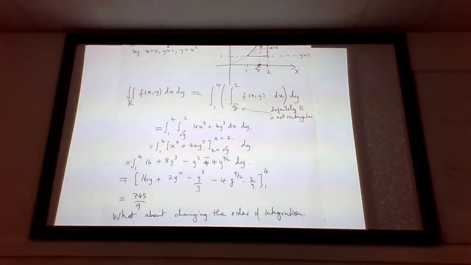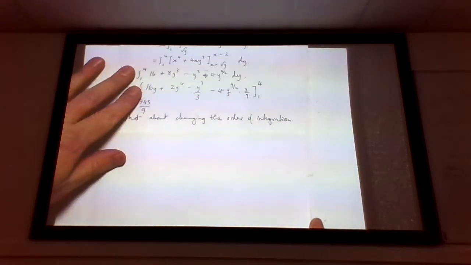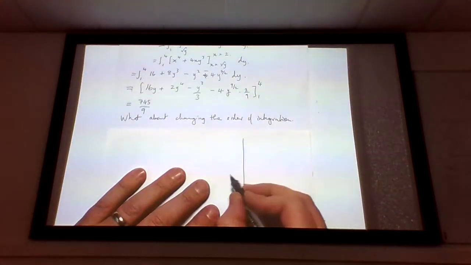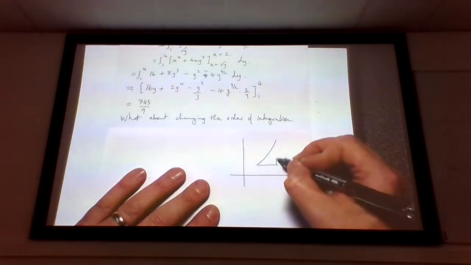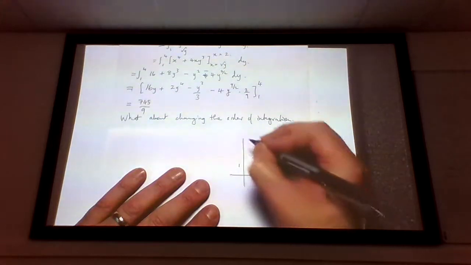Well, it's not so straightforward as in the rectangular case. So to just quickly repeat the diagram here, we had 1, 2, 1, 4.